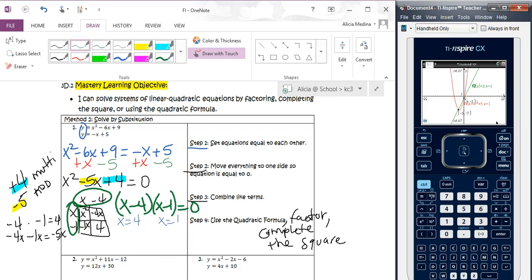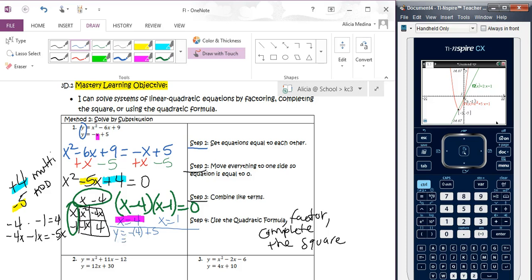So that only gives us our x's. We have to go back and substitute these into one of the original equations. So what that means is I'm going to take this 4 and substitute it into that first equation right here for wherever I have x. Alright, so I'm going to draw a line here. And it's going to be y equals negative 4 plus 5. Again, I'm just substituting it into the original equation.